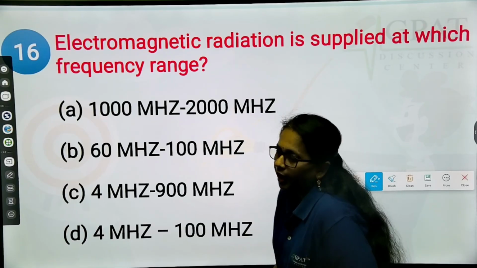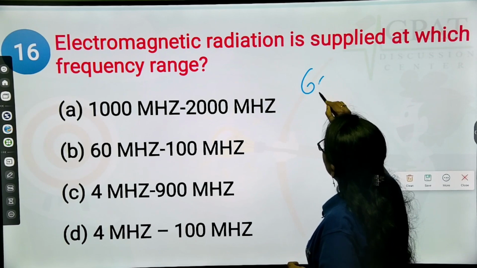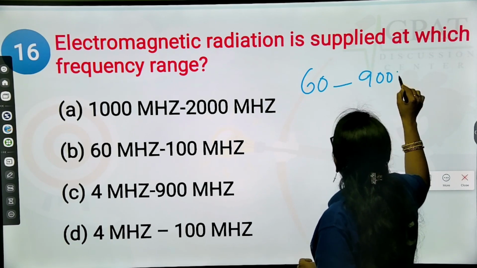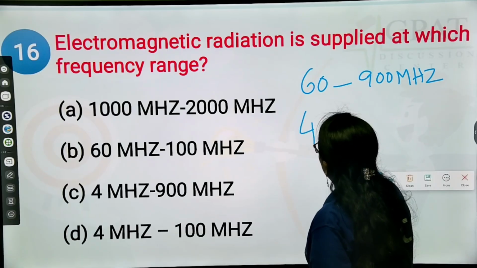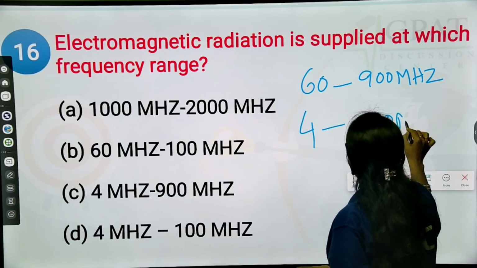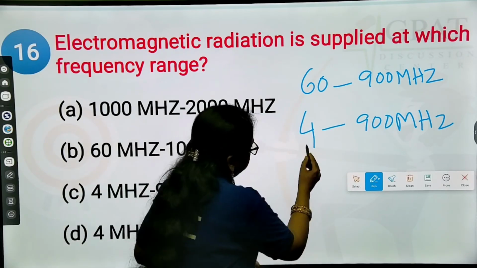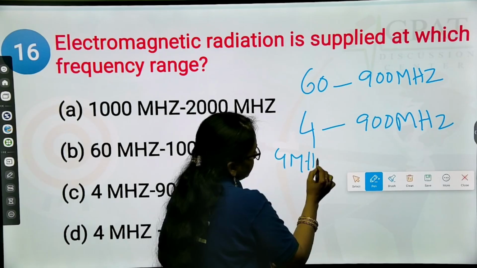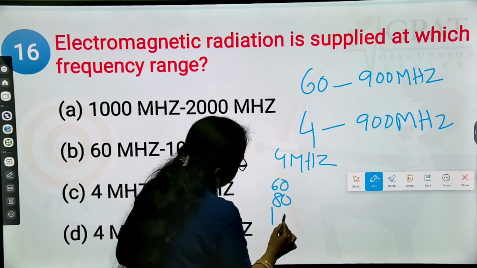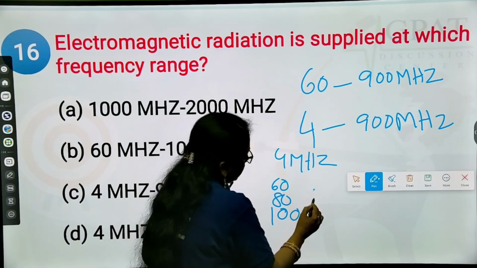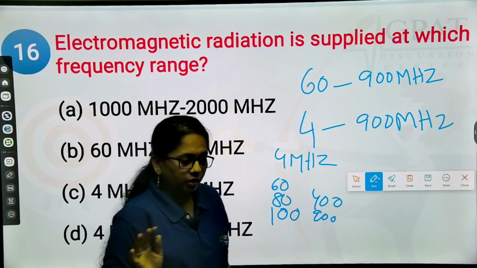All the NMRs, proton NMR or carbon NMR, can be used from 60 to 900 megahertz. Theoretically, 4 to 900 megahertz is the frequency range. So instruments can be operated at 4 megahertz, also at 60, 80 and 100, whereas 400 and 900 instruments are also available in the market.